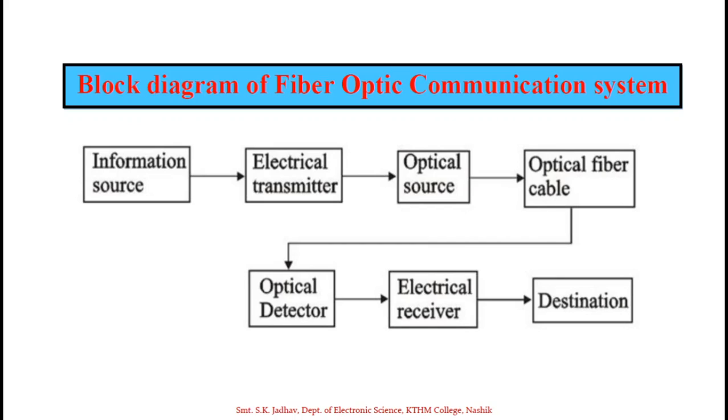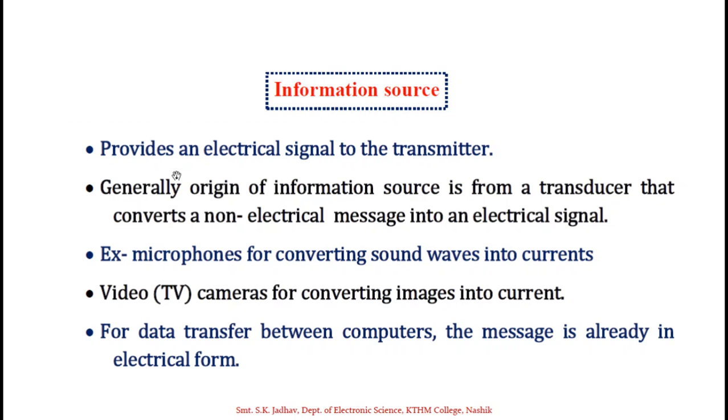The first one is the information source. In electrical communications, the information source provides an electrical signal which is usually derived from a message signal, and it is not in terms of electrical.